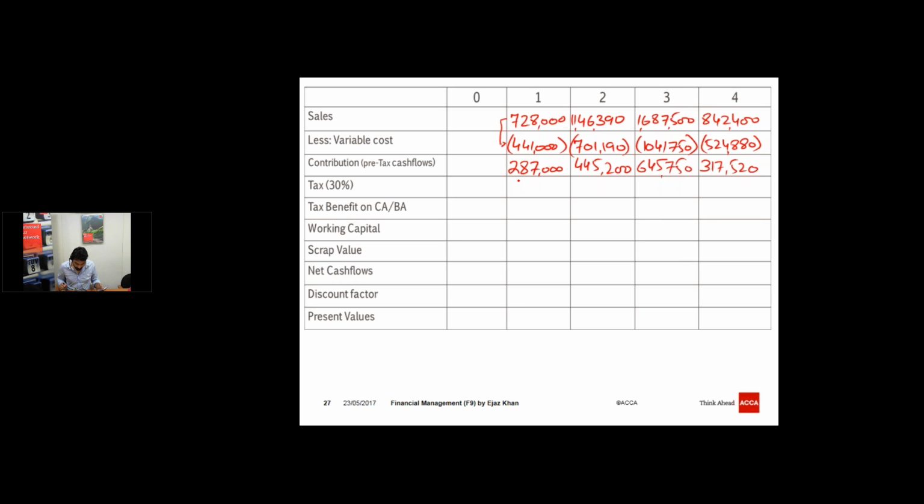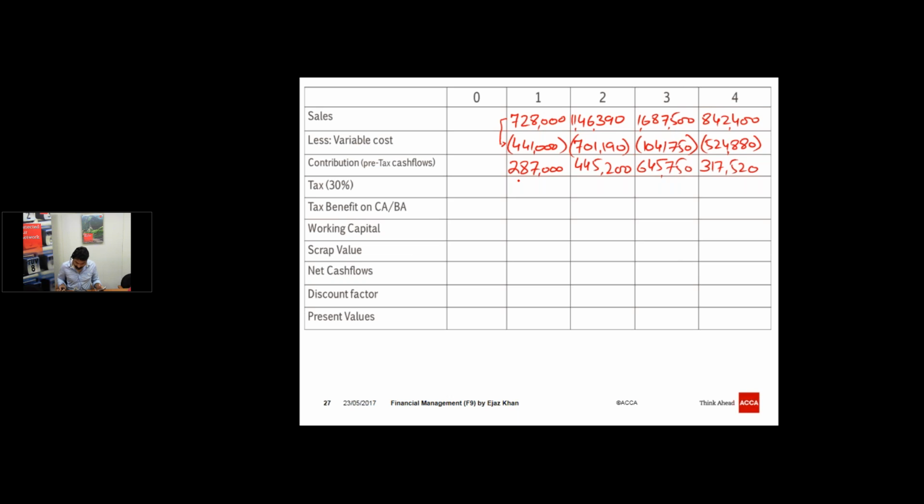Now, in which column should we write? That's the question. Sometimes the question will say the tax is paid in the year to which it relates. And sometimes the question will state that the tax is paid 1 year after the year to which the profits relate.